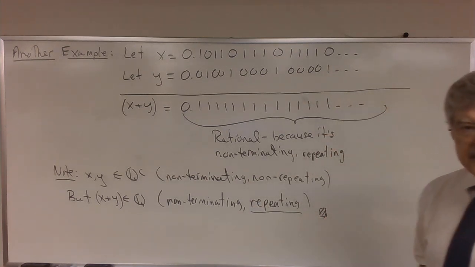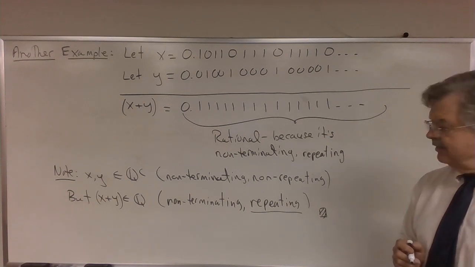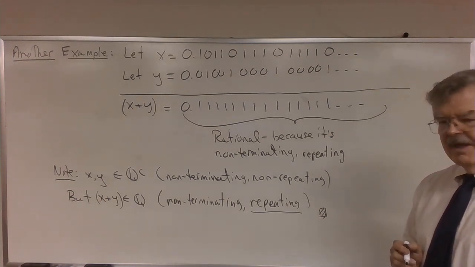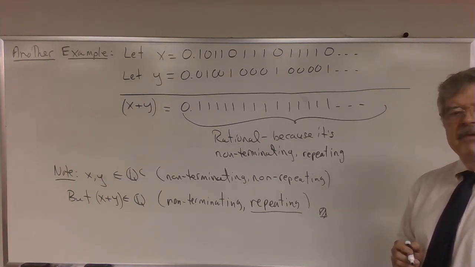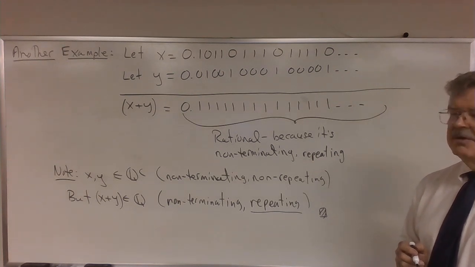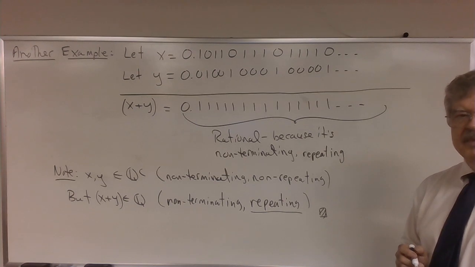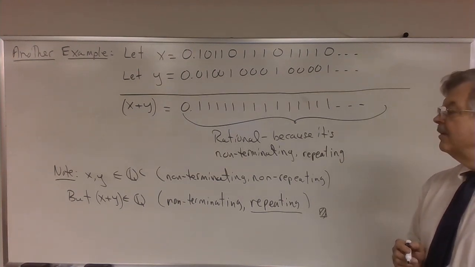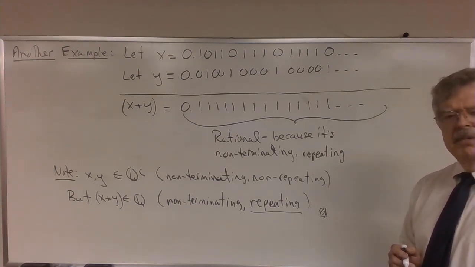So we actually gave two examples of irrational numbers whose sum was a rational number.